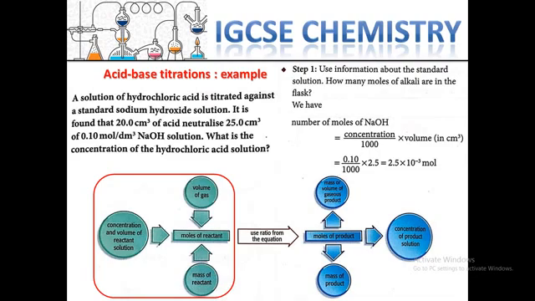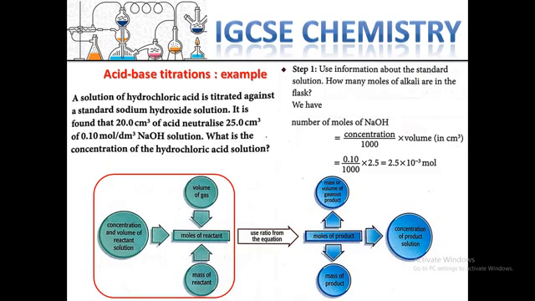It is found that 20 cubic centimeter of the acid is neutralized by 25 cubic centimeter of 0.10 mole per cubic decimeter sodium hydroxide solution. What is the concentration of the hydrochloric acid solution? That means the final concentration.